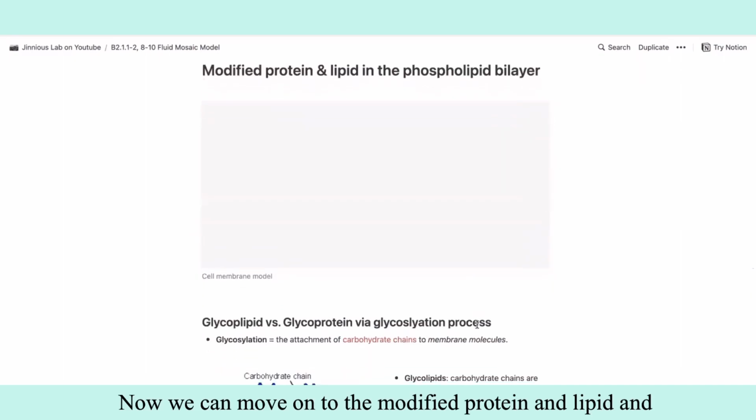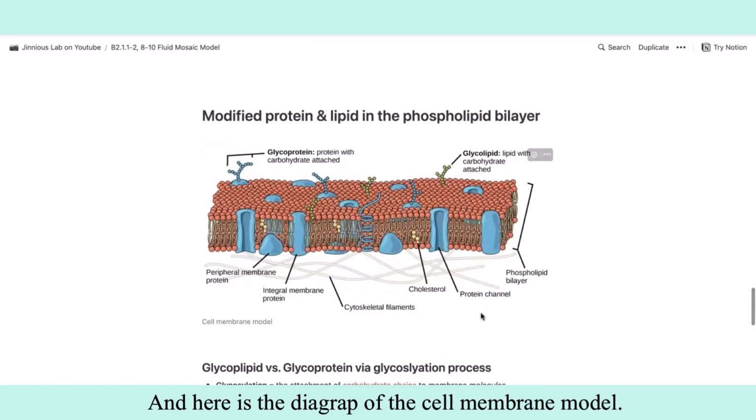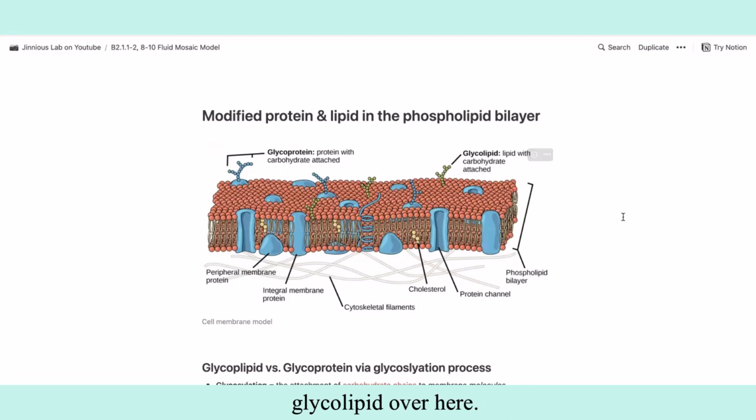Now we can move on to the modified proteins and lipids in the phospholipid bilayer. And here is the diagram of the cell membrane model. We will mainly be focusing on the glycoprotein and the glycolipid over here.